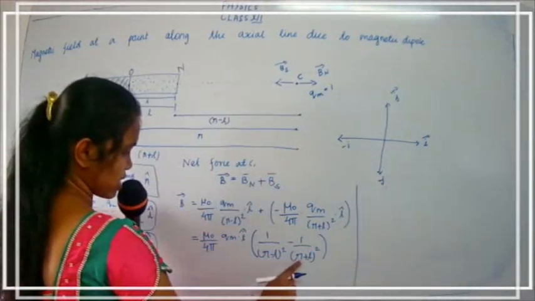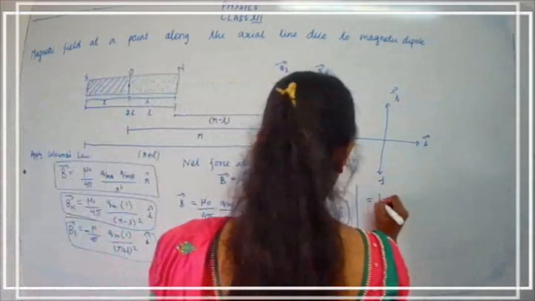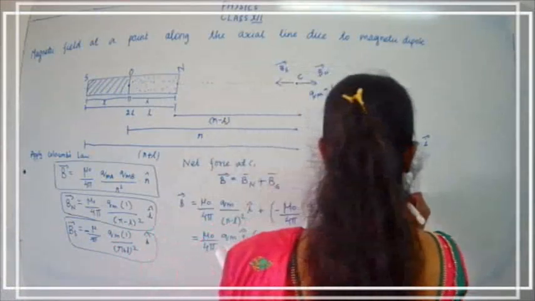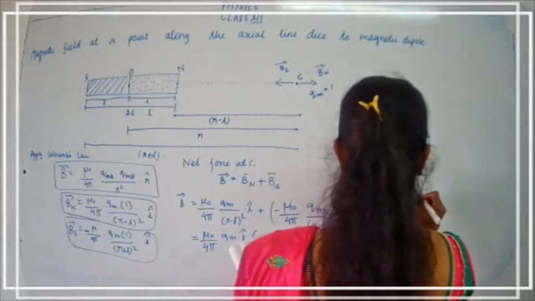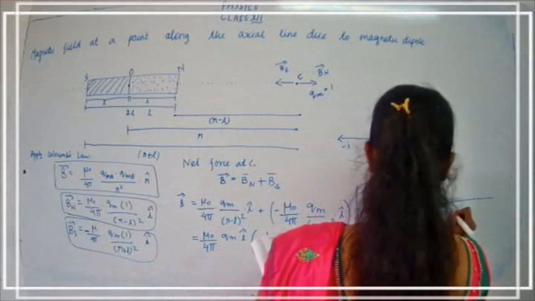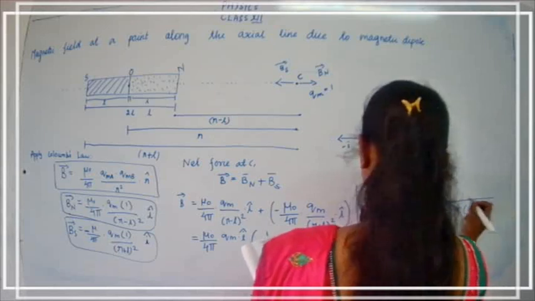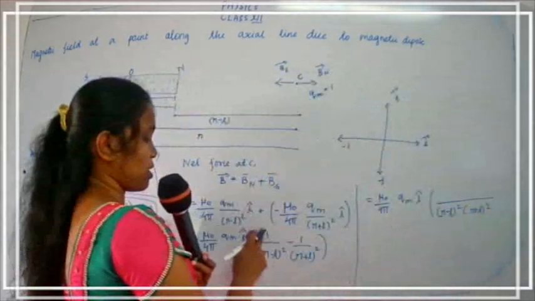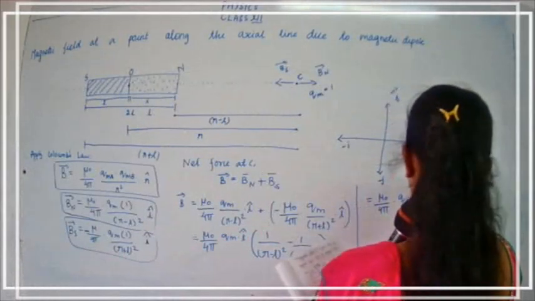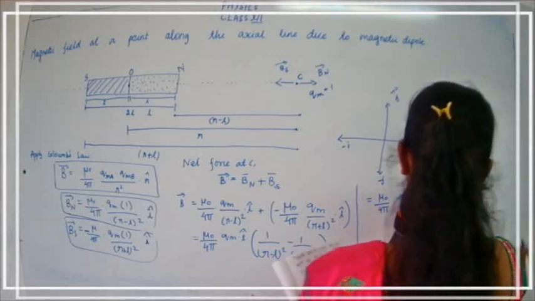So by taking LCM, this goes here and this goes here. Equal to mu naught by 4 pi Qm i cap, LCM is r minus L the whole square, r plus L the whole square, and in the numerator r plus L the whole square minus r minus L the whole square.